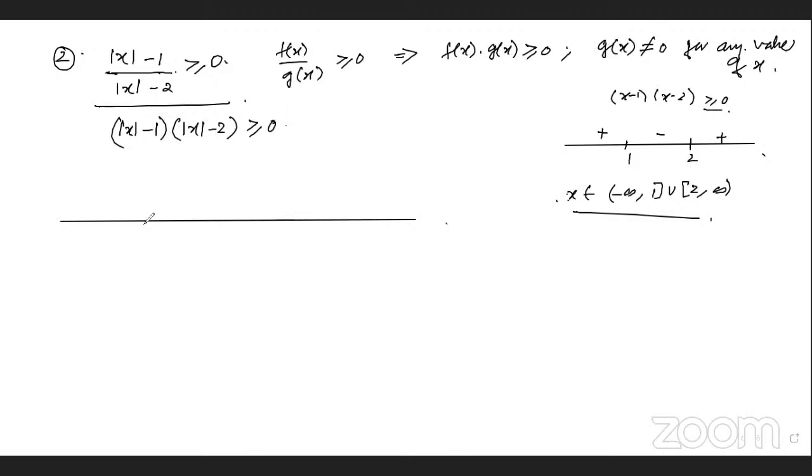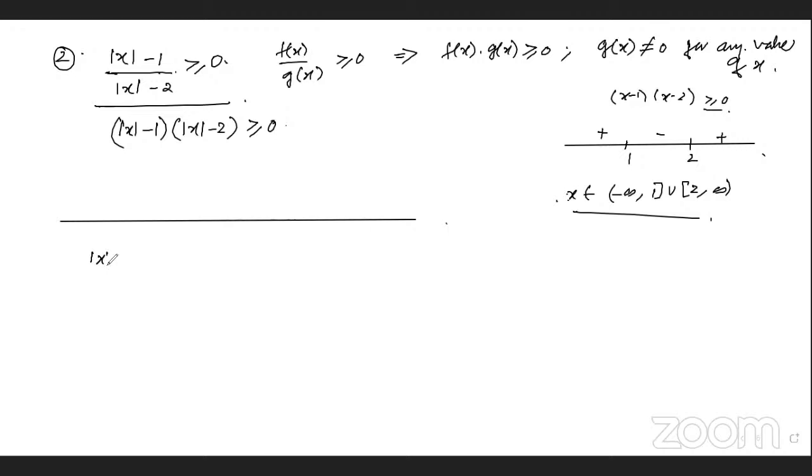But लेकिन यहाँ पर क्या है? अब यहाँ पर हमारा क्या है? Mod x minus 1 and mod x minus 2 greater than or equal to 0. So इसका मतलब क्या हुआ? You can plot the points. कौन-कौन सा point है? Yes, आप देख सकते हैं, इसमें दो चीजें हो सकती है.